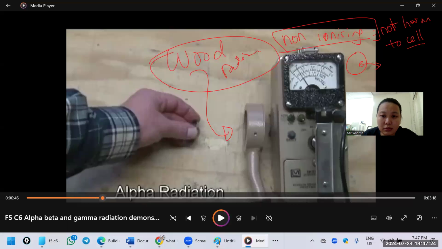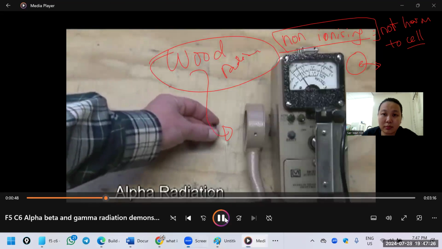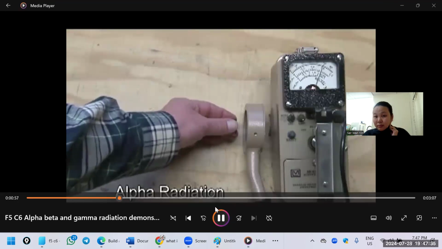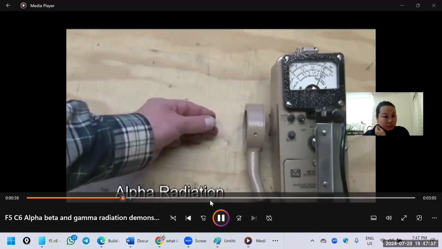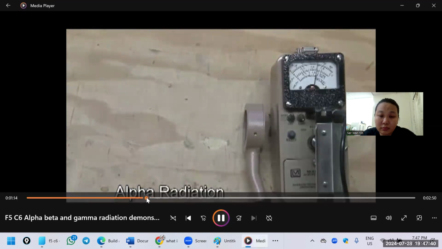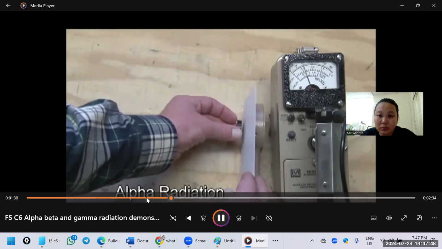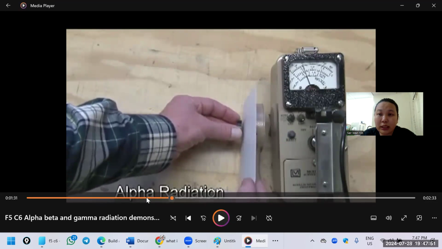Okay, so now, but alpha, a paper can block already. So no more. You can hear the sound. The sound reminds you there is activity, radioactivity.